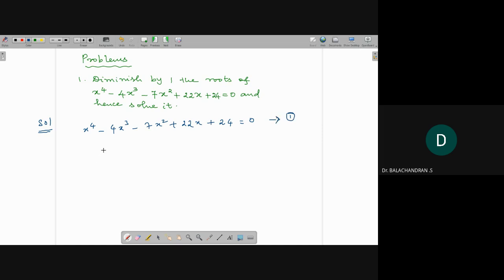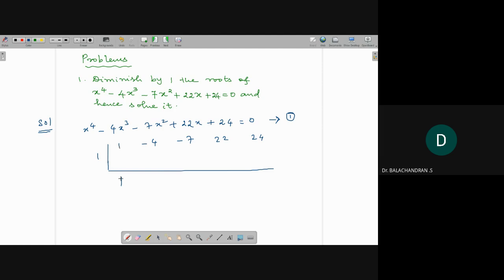Okay. So now write the coefficients 1, minus 4, minus 7, 22, 24, and then diminish by 1. You write here 1.